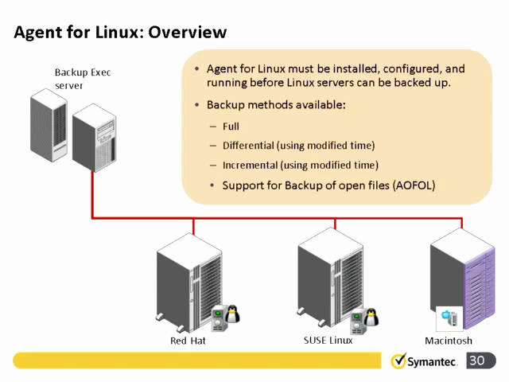Differential and incremental backups use modified time, and it compares the modified time to records in the catalogs to look at the changes for the files. The agent for Linux also installs an open file manager for Linux, so that the agent can back up open files using snapshot technology, and this is known as the Advanced Open File Option for Linux, or AOFOL.